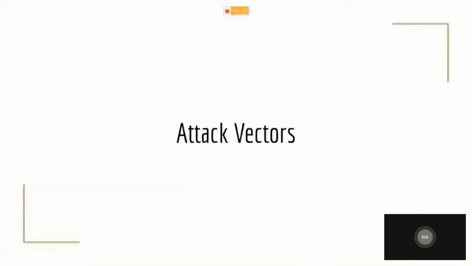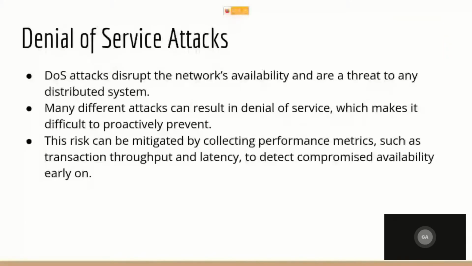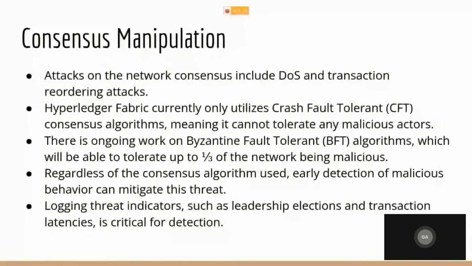Now let us quickly look at the attack vectors we mentioned. The denial of service attack is one of the more prominent attacks possible on the Hyperledger Fabric system. Another attack vector possible is consensus manipulation. We have to understand that the consensus algorithm used currently, Raft, is only crash fault tolerant.